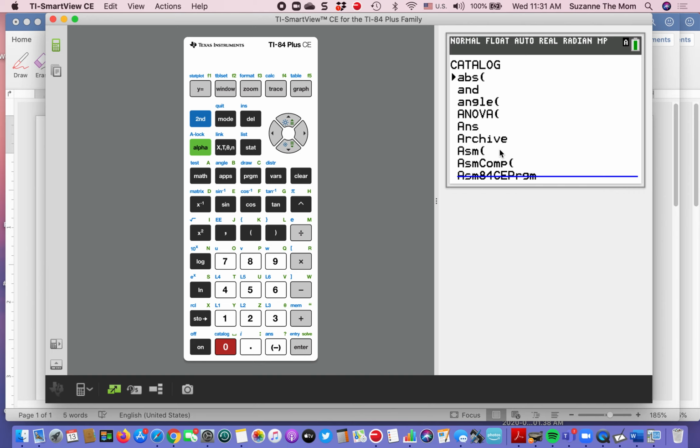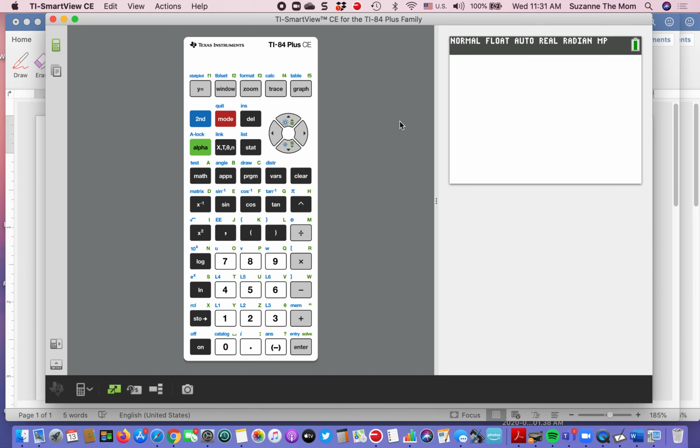It's alphabetical. Then hit enter twice. It has to say done. Now I have to go back because my stuff's all gone. So diagnostics on. Now I already stored mine in Y1, so I'm just going to hit enter, enter, enter.